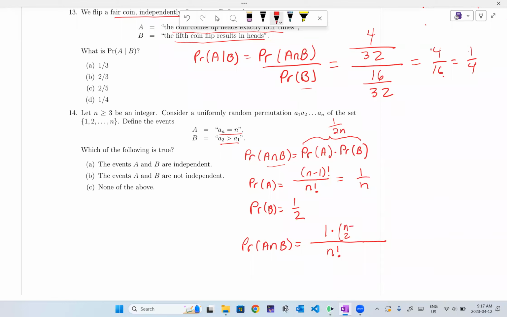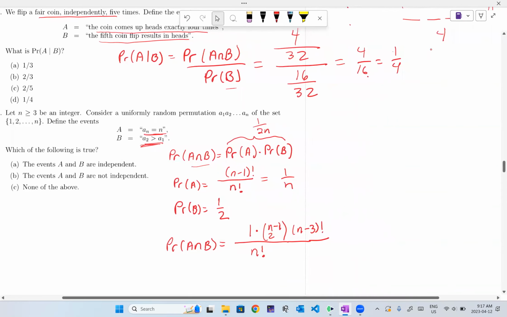Because I have n minus 1 choose 2. And then I have n minus 3 elements left, right? Because at this point I've chosen A1, A2, and A_n. So I have n minus 3 elements left and n minus 3 locations to put them.